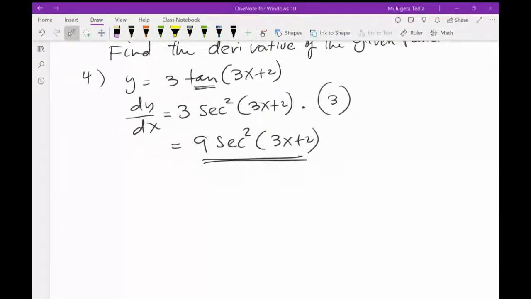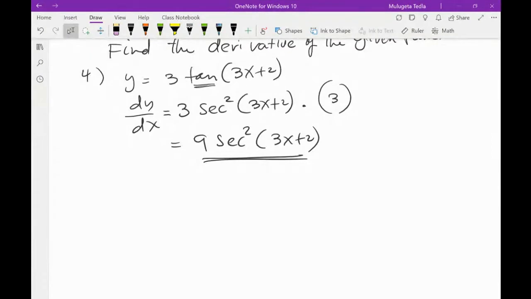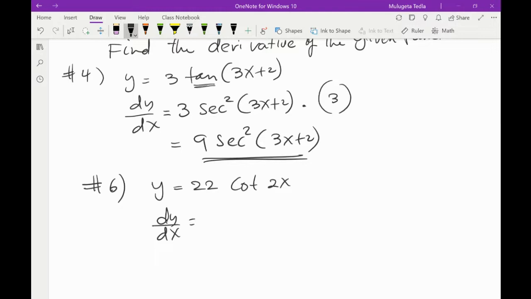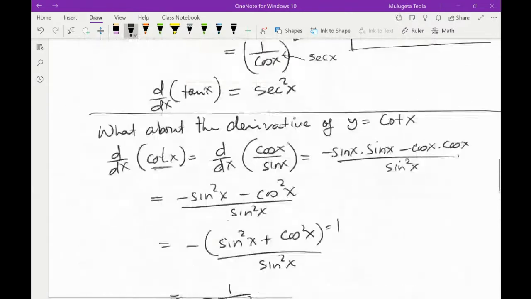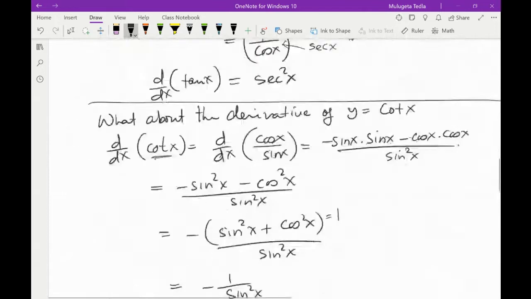Did you follow me? Thank you. So let's do cotangent, like number 6. It has y equal to 22 cotangent of 2x. Then dy by dx is, first of all, 22 has no effect, but what is the derivative of cotangent? It is minus cosecant squared.